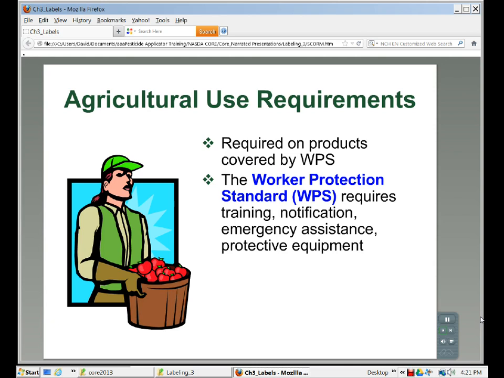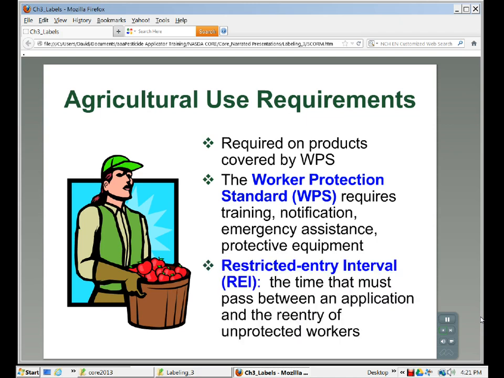Pesticide products that are labeled for agricultural applications are required to have an agricultural use requirement statement on the label directing users to comply with the Worker Protection Standard. This agricultural use requirement section also lists restricted entry intervals. The restricted entry interval, or REI, is the time that must pass between an application and the re-entry of unprotected workers.